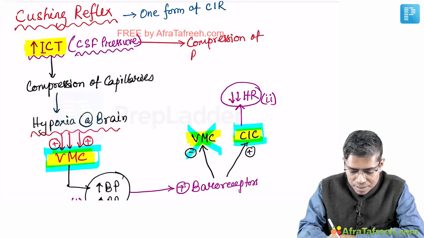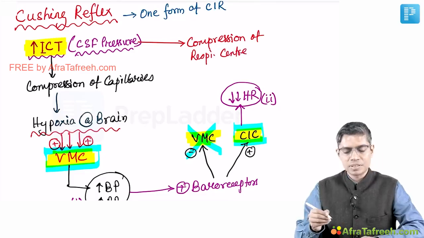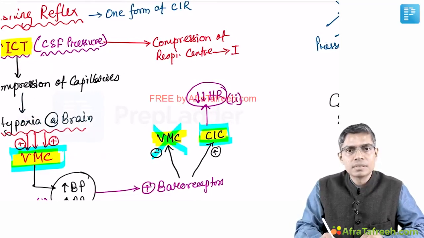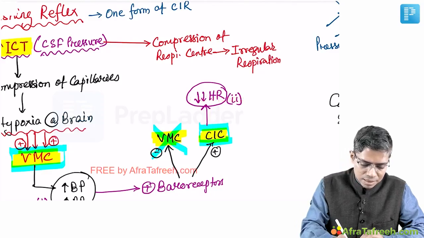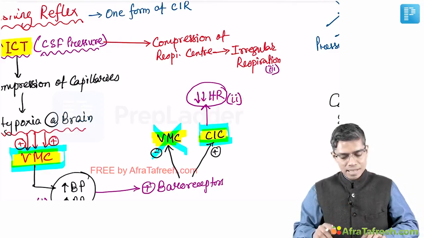Compression of the respiratory center will lead to irregular respiration. So irregular respiration is also going to happen. So this is the third feature of this Cushing reflex.